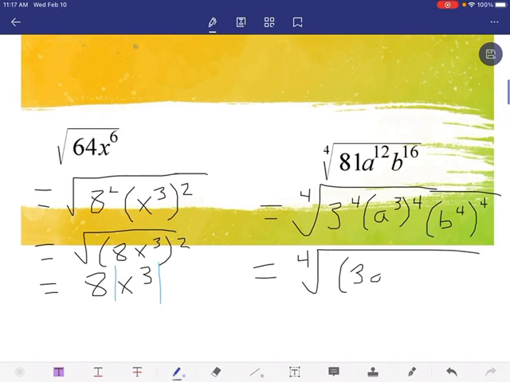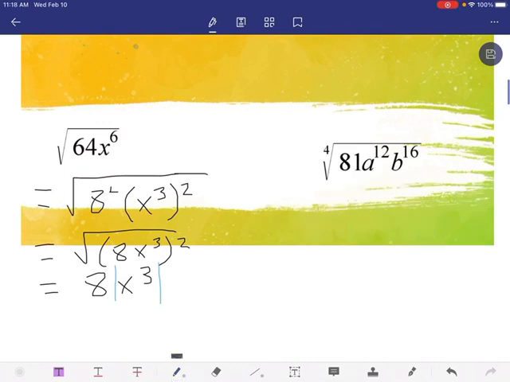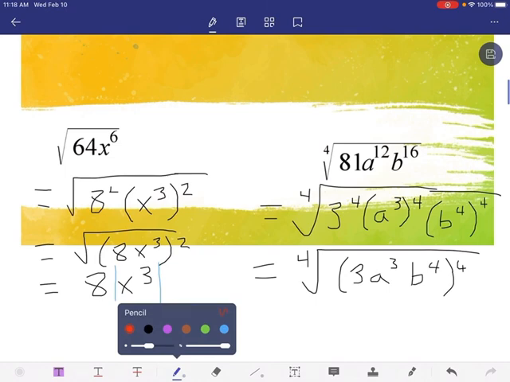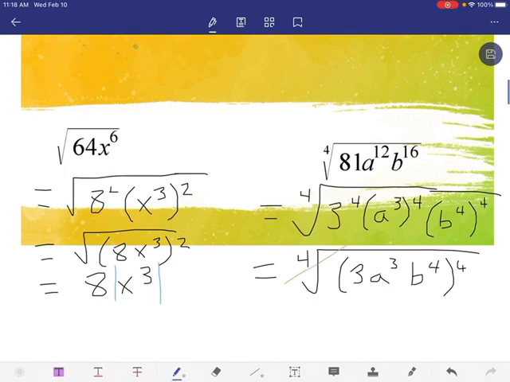Now that they all have the same exponent, we can rewrite them in a single parentheses, and that's to the 4th power. So now, just like before, my 4th power reduces with my 4th exponent, and now we have 3a cubed b to the 4th.